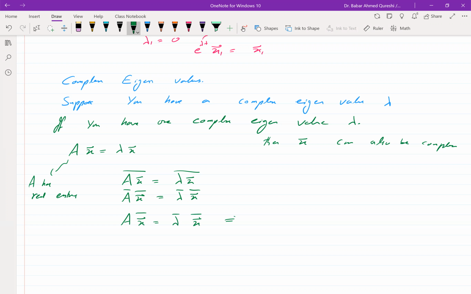So this is saying that if you have found one complex eigenvalue lambda, then its complex conjugate lambda bar must also be an eigenvalue.